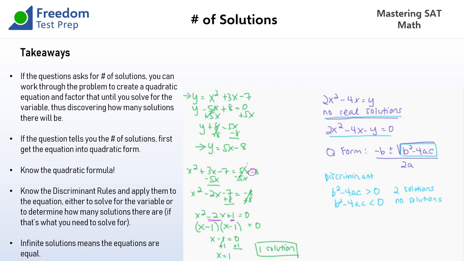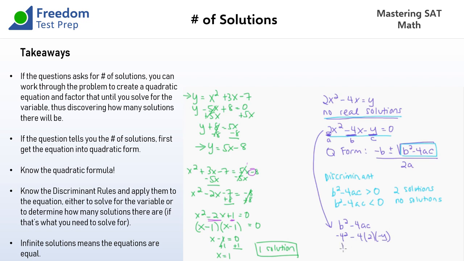All right, so let's go back here. We're going to bring this down here. And just to be clear, the 2 is the a, the -4 is the b, and the -y is the c. Now we're bringing down the discriminant, and then we're going to figure out what that is. So b squared is -4 squared minus 4, the a is 2, and the c is -y.